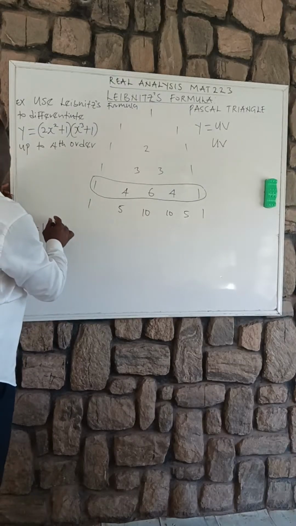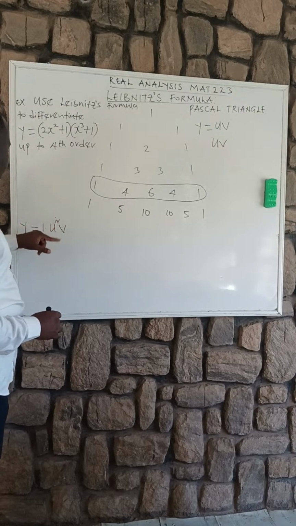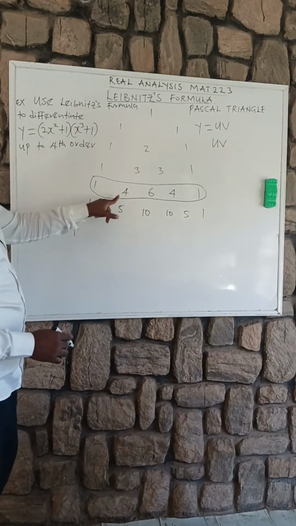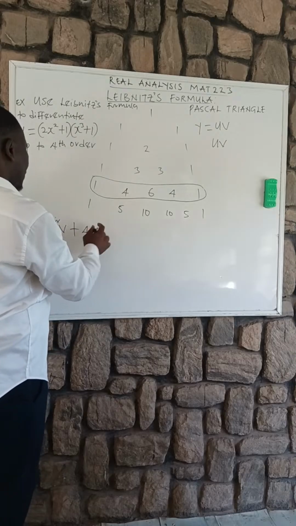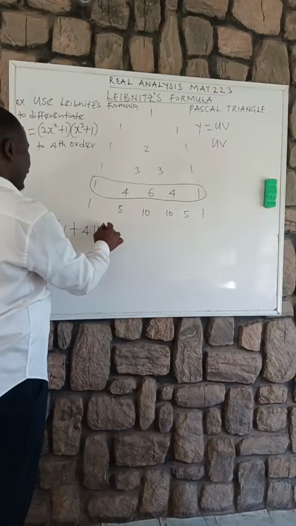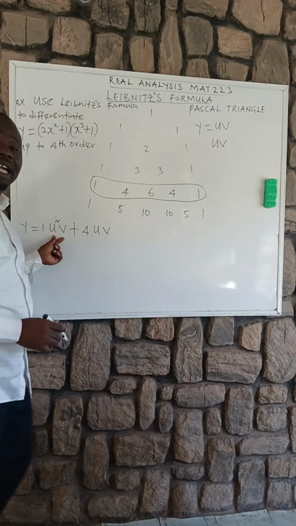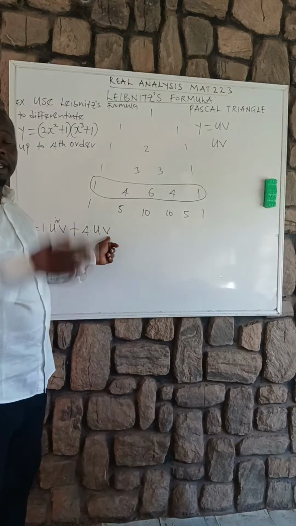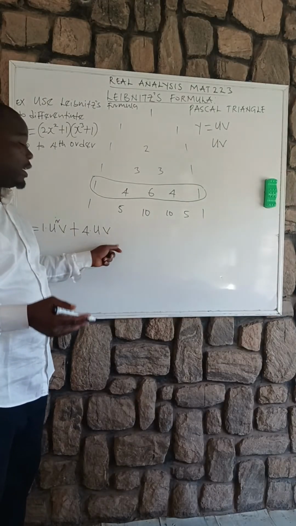So here we have U fourth derivative times V, which just remains V. Plus 4 times UV. Then, as U started with the highest order, V will increase gradually, and U will decrease in its derivative.